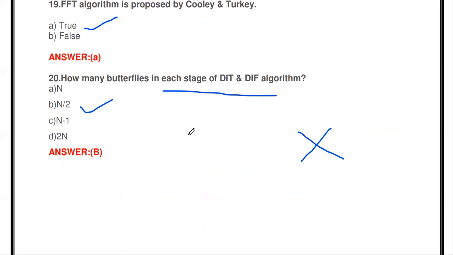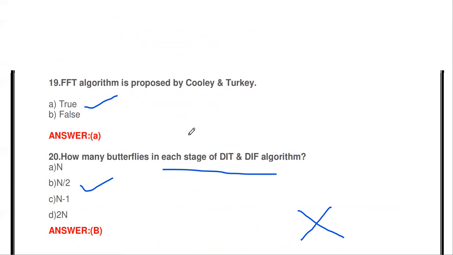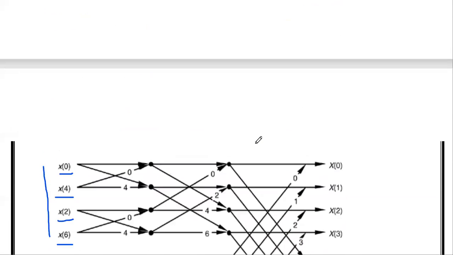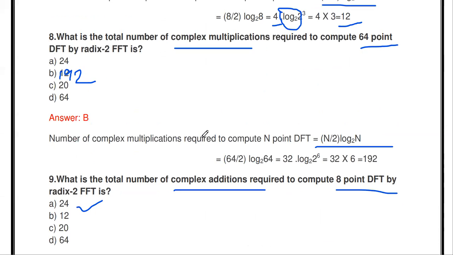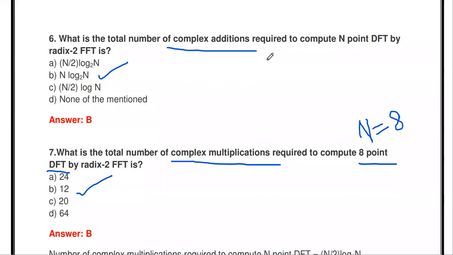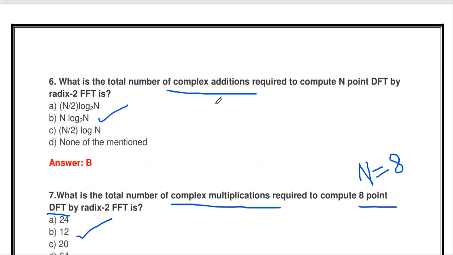So these are some of the questions about the DIT and DIF FFT algorithm. Here you should remember how many multiplications and additions are required to perform the n-point DFT in radix-2 FFT. Additions required are n log n. Multiplications required are n by 2 log n.